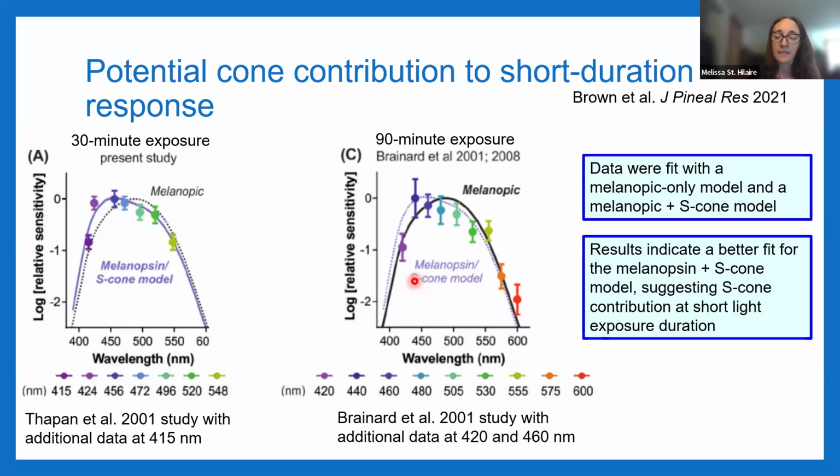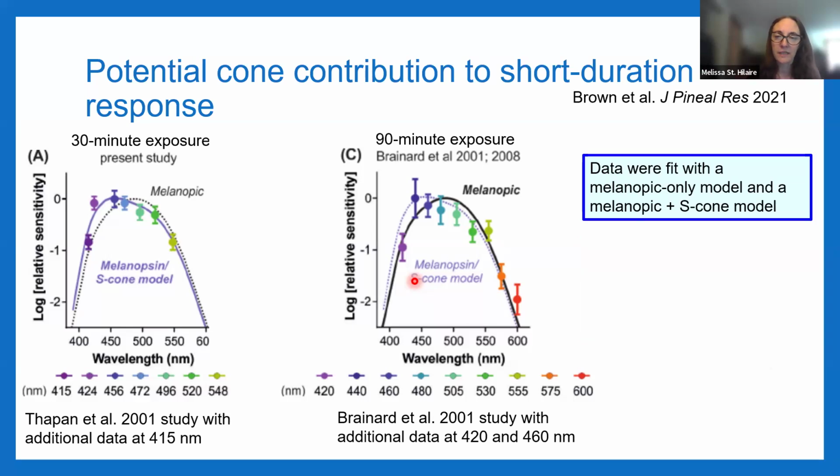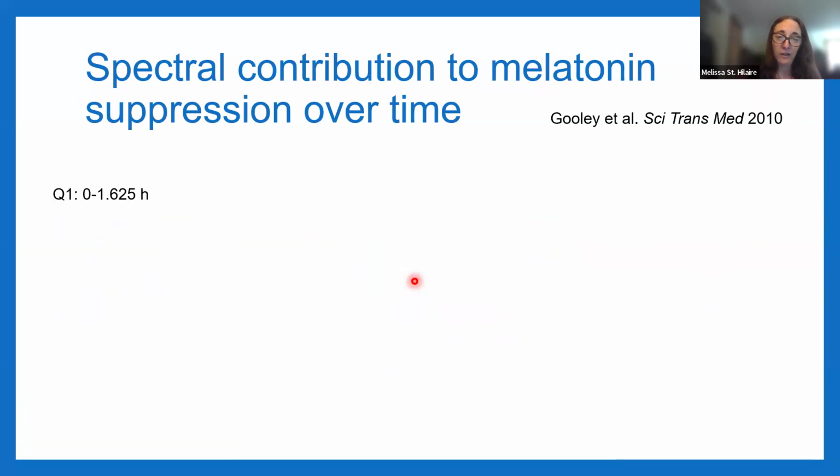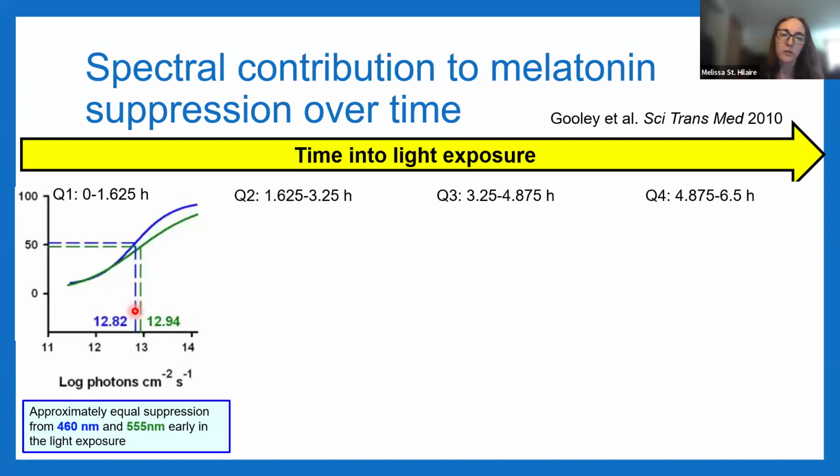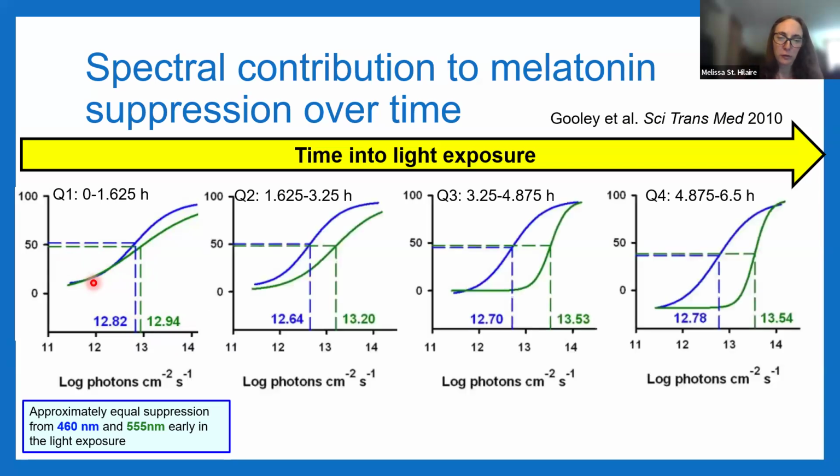And again, this is consistent so far with what we see from the modeling work. I'll just go back, where we think this prompt response is being driven by the cone. And now this is phase resetting, but the same we expect also to be true for melatonin suppression. And it's similar, maybe not completely the same as what we see here, but I'm going to show you some new data that suggests that there is some S-cone contribution.